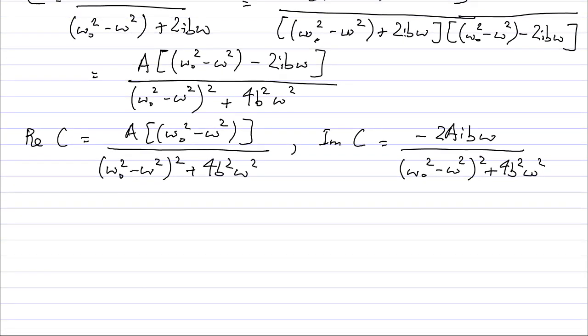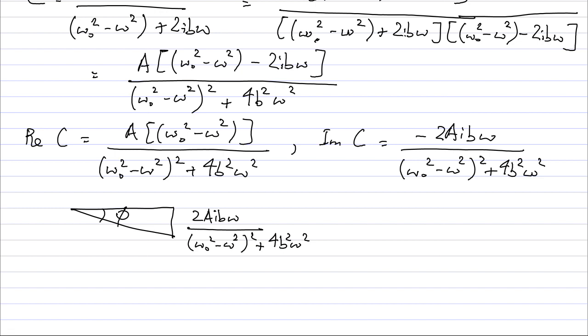So essentially, if I draw this triangle over here, this is φ, and you have over here 2aβω over... this is this length, and this length on the other hand is a(ω₀² − ω²) divided by (ω₀² − ω²)² + 4β²ω².